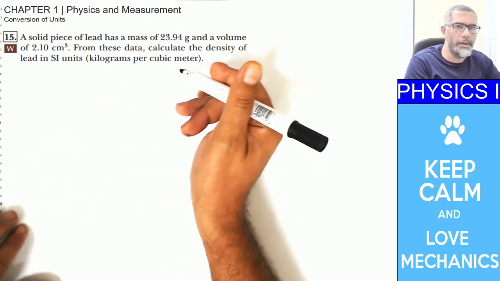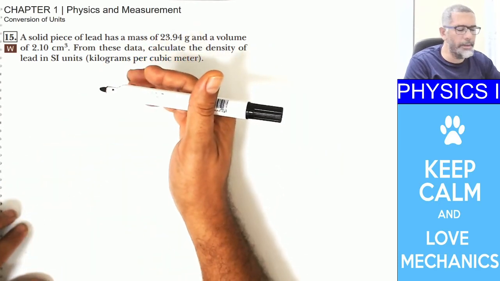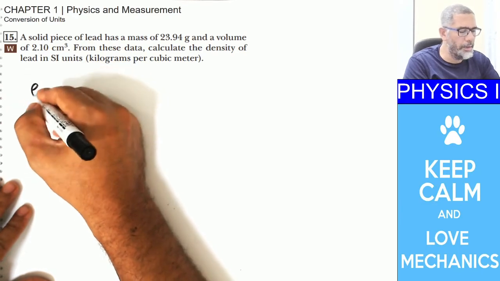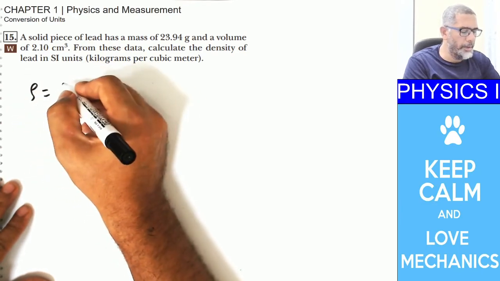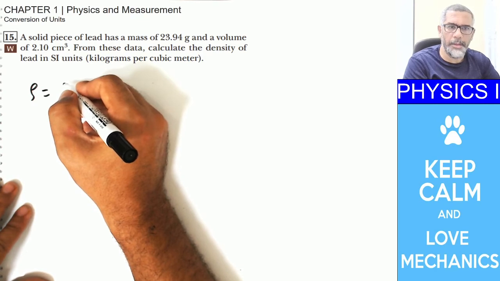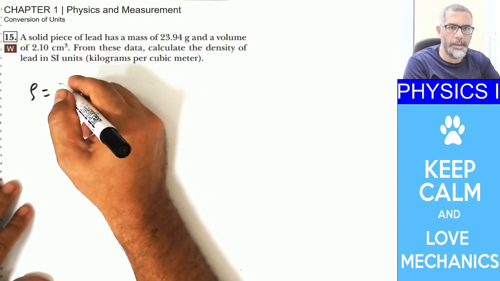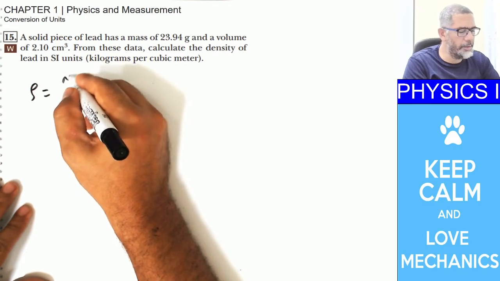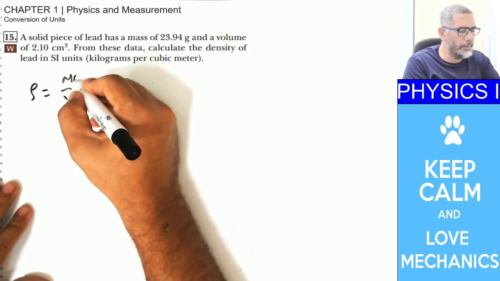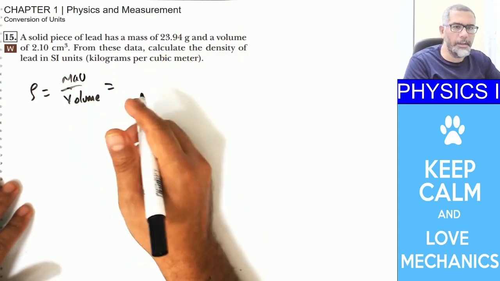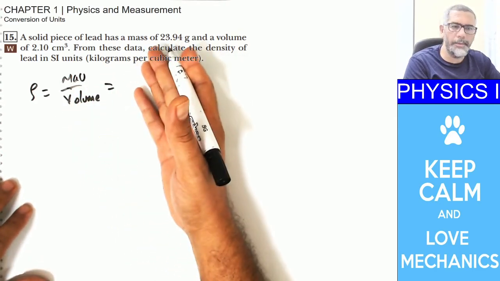So it's a simple density formula. You know this from high school. Density is just mass divided by volume. We can easily calculate this with what is given in the problem.